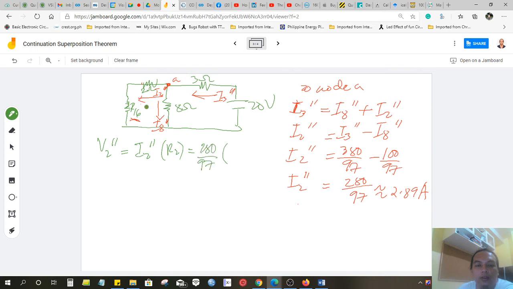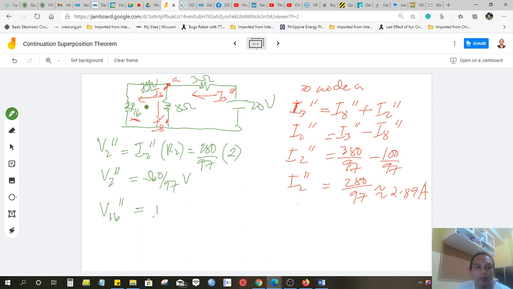I use the fraction, not the decimal, so the answer is more accurate. So V2 double prime is equal to 560 over 97 volts.